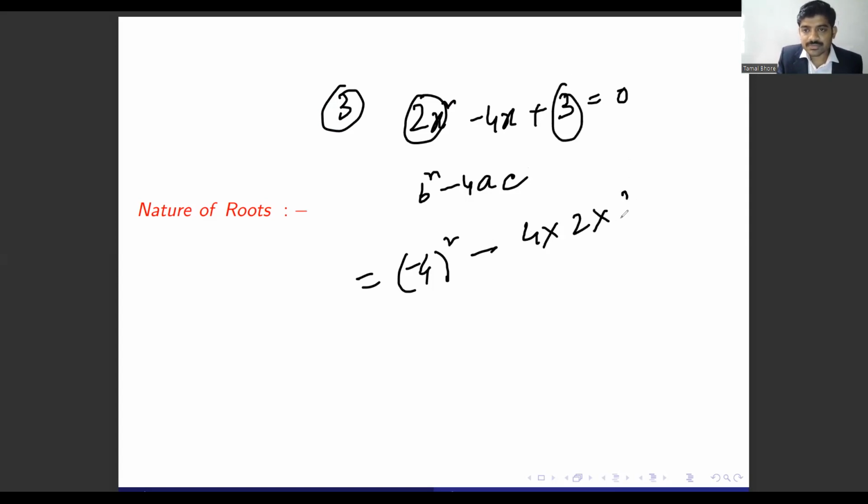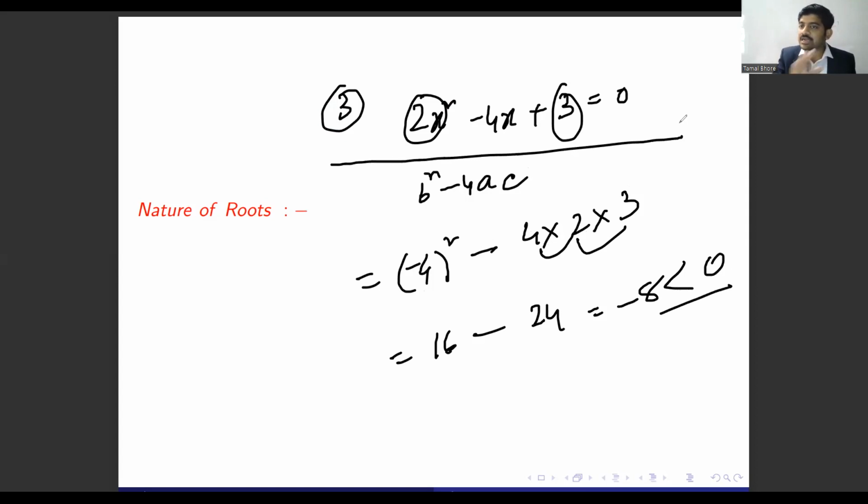So this is 16 minus 4 times 2 is 8, 8 times 3 is 24. So you are getting minus 8, which is less than 0. So here there is no real root. Real root doesn't exist. So this is the nature of the root.